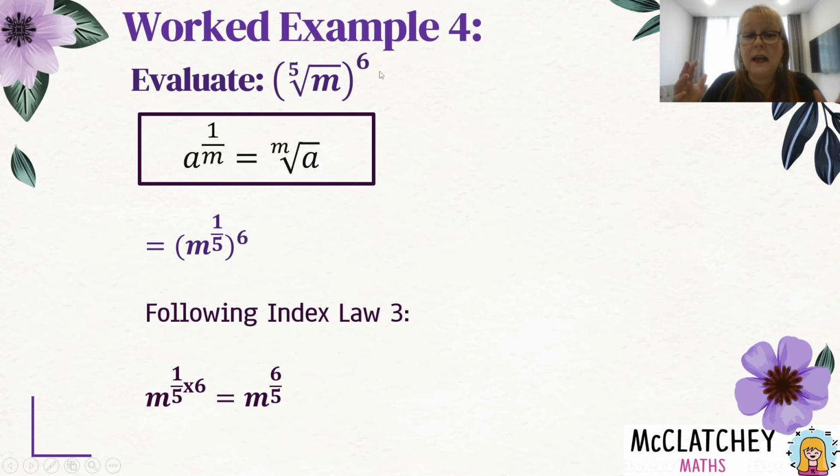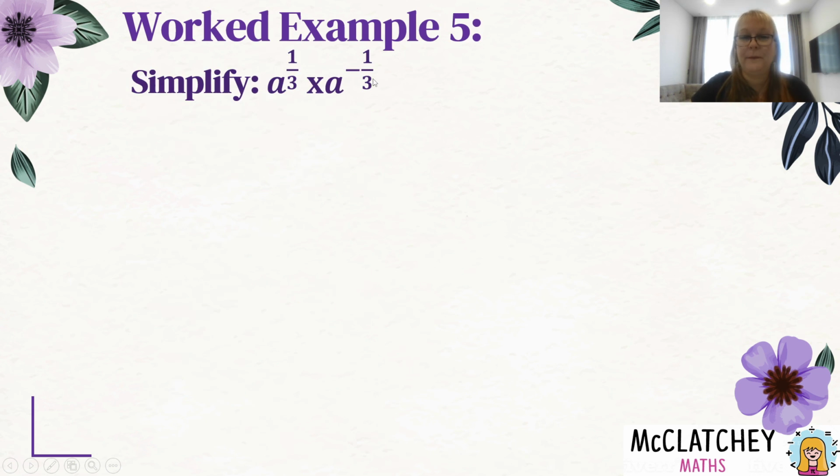So sometimes you might get a question asking you to take it from here back to root form, and that's the shortcut to doing that. Just memorizing that this becomes the base of your fraction and that this one here becomes the power on the outside.